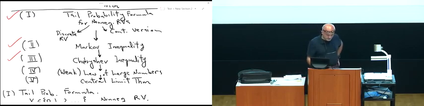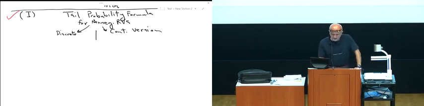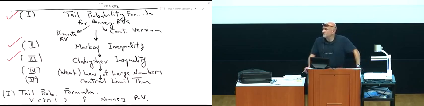So we've covered these 3 items. We talked about the tail probability formula, which gave us an alternative way of thinking about the mean of a non-negative random variable. We used that, its continuous version at least, to prove Markov's inequality. And as a special case of Markov's inequality, we showed Chebyshev's inequality.